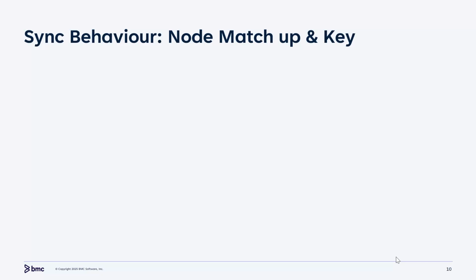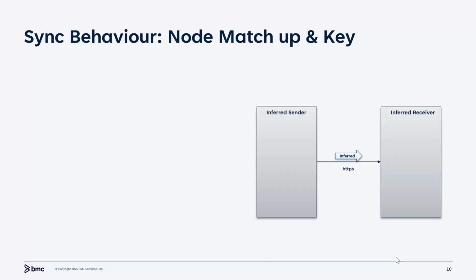Now let's talk about some of the sync behaviors, and the first point is how exactly the nodes are matched up and what happens to the node key. Let's understand this concept via examples. Let's say we have inferred sender and inferred receiver configured. When you create the connection for the very first time, and if the inferred receiver is completely empty, then the nodes that are there on the inferred sender and their keys will be transferred as is to the inferred receiver.